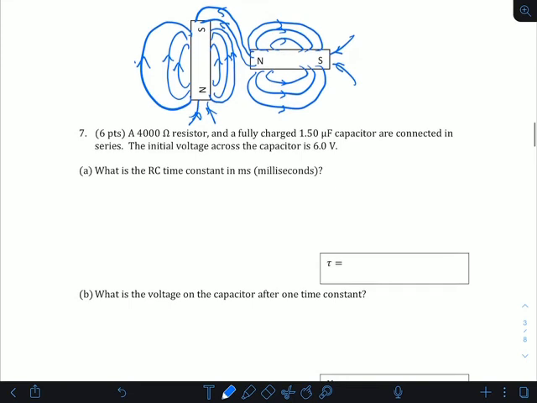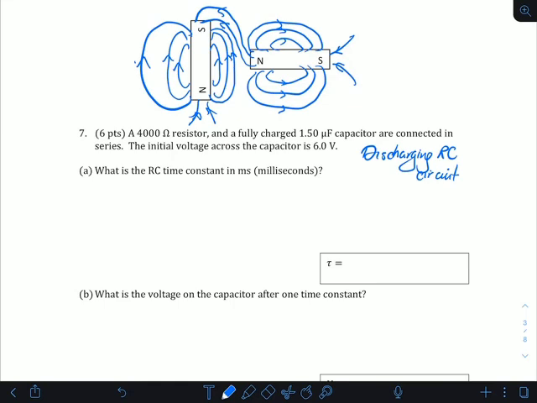Question 7 is about an RC circuit. There's a fully charged capacitor that's connected in series with a resistor. So this is a discharging RC circuit.